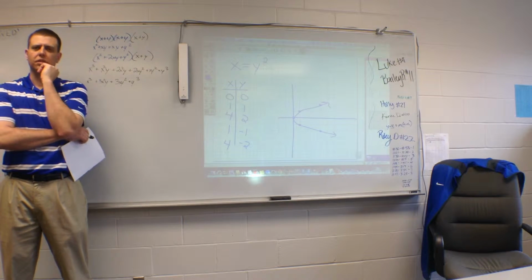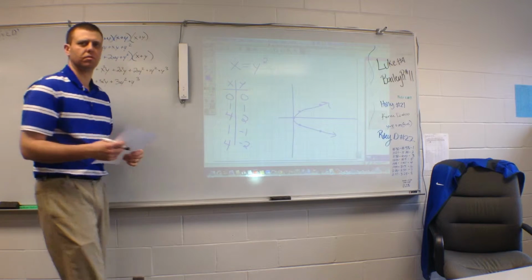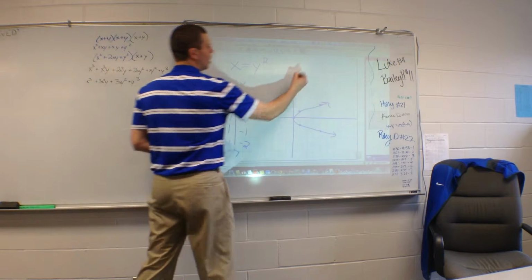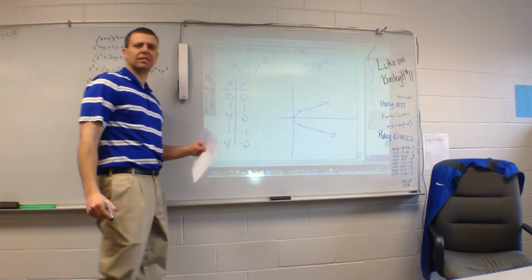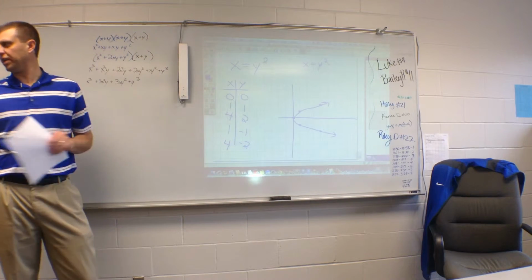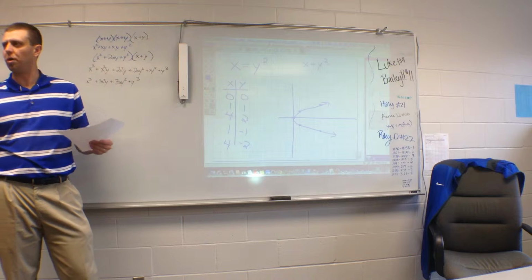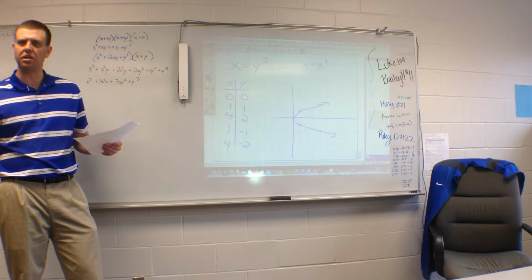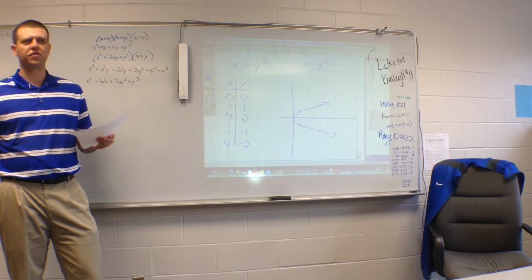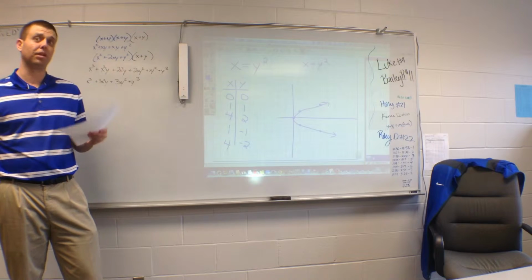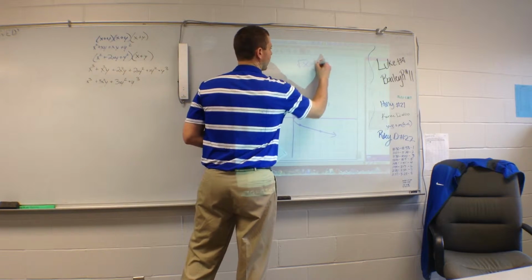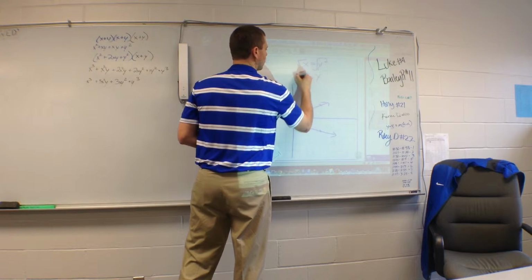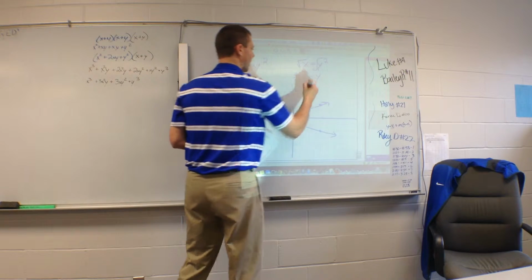You won't want to do this, but what you could do is solve this equation for y to get y by itself. To solve that equation for y, you'd have to square root both sides of the equal sign. Whenever you square root both sides, you got to have a plus minus on the other side. So you would get y equals plus or minus the square root of x.